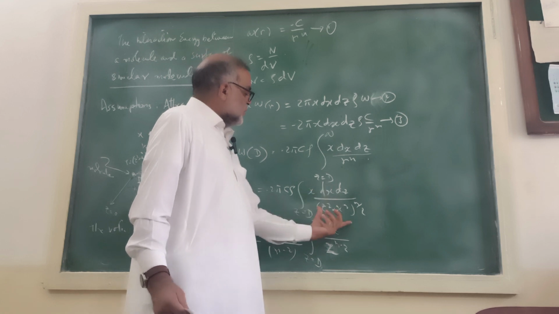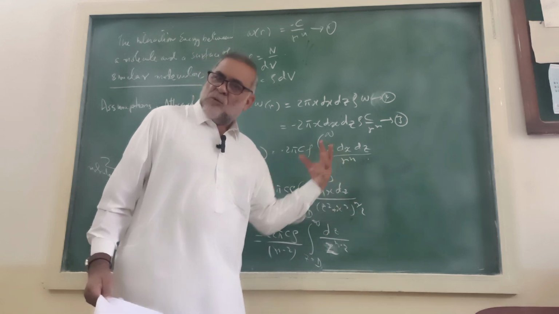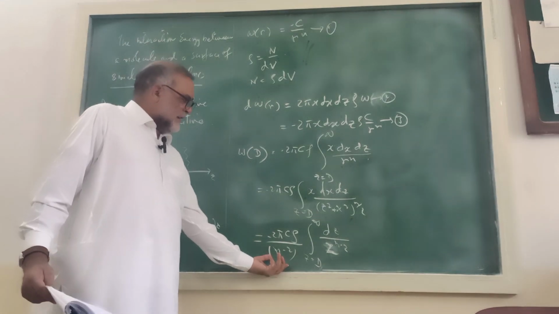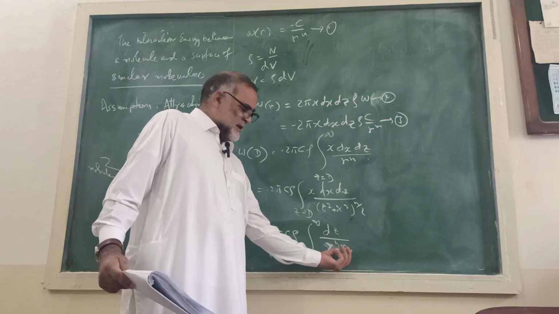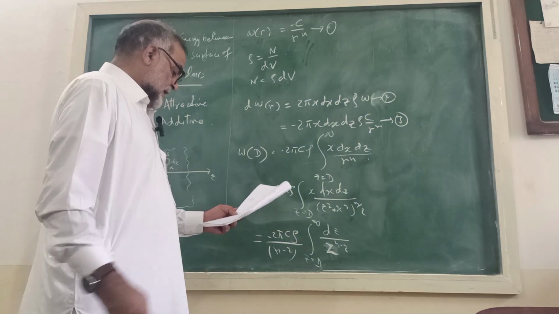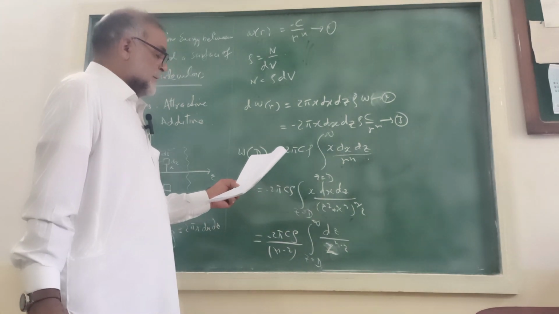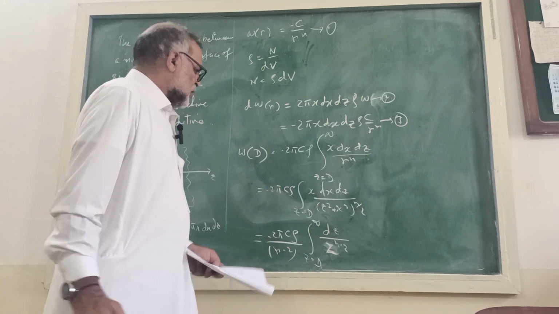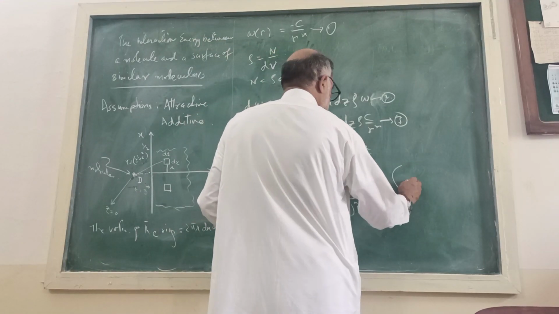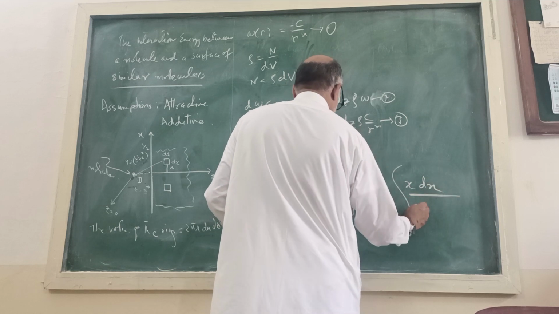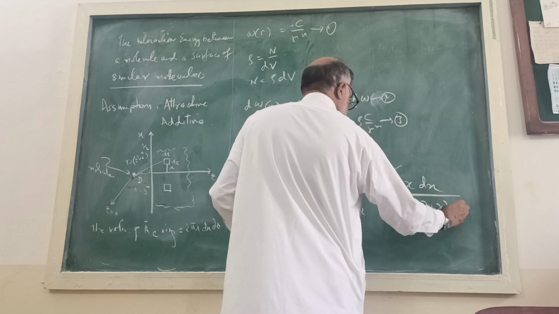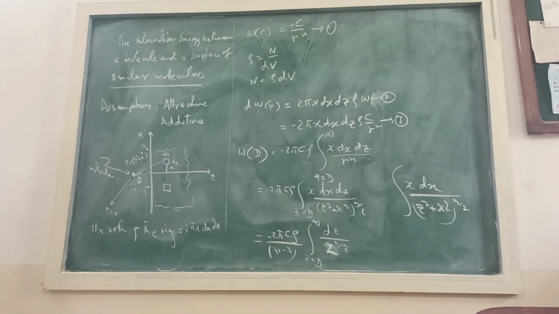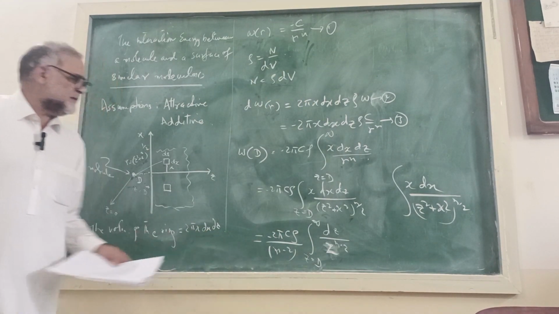Then we evaluate, so we get n minus 2 and the answer of z to the power n minus 2. This can be done with partial fractions: x dx over z squared plus x squared to the power n over 2.